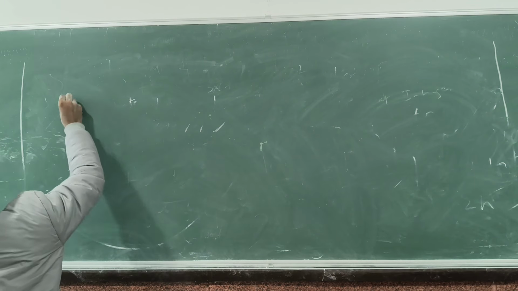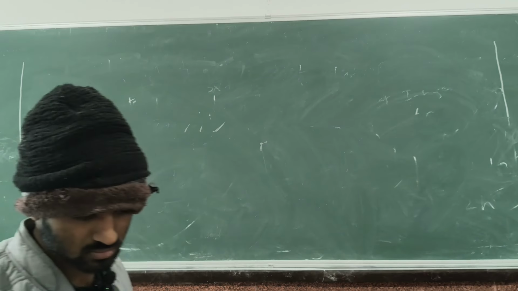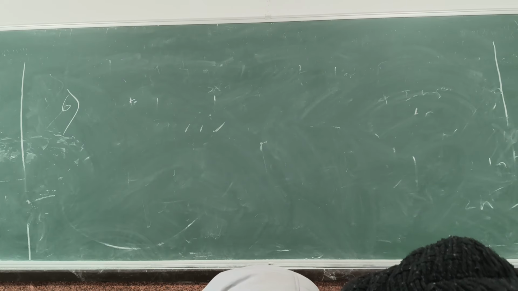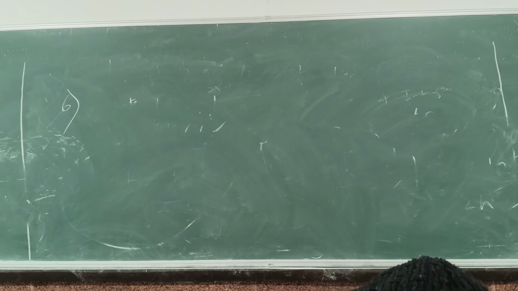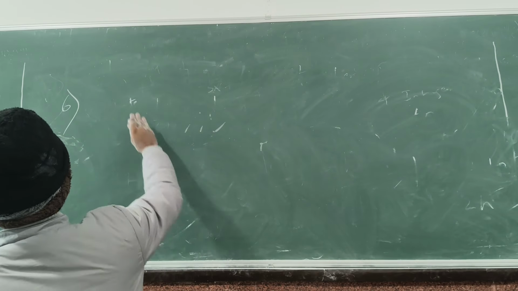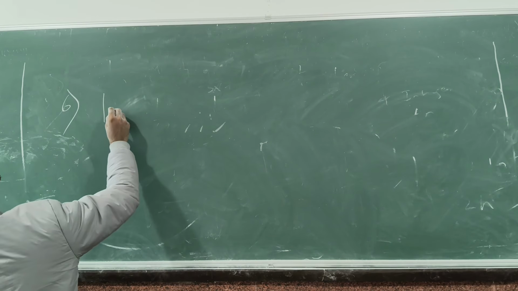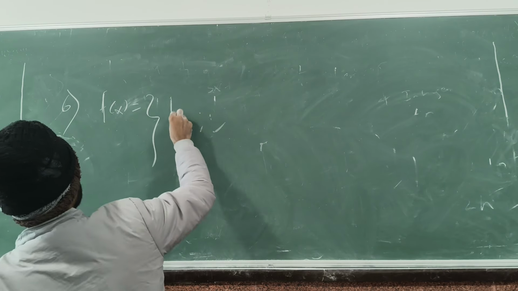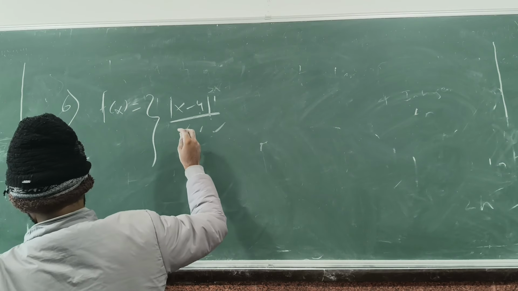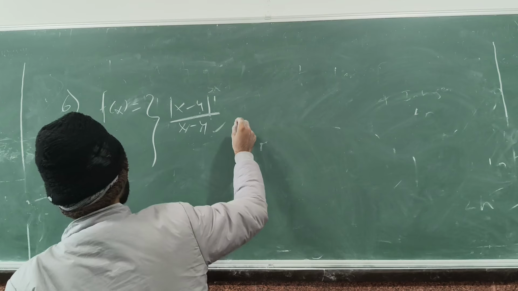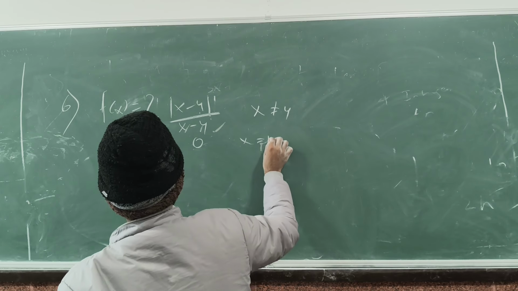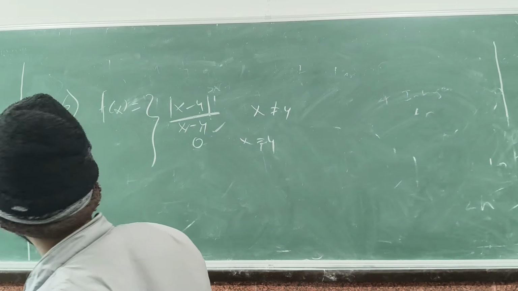Let's go to the sixth question. f of x equals mod of x minus 4 by x minus 4 for x not equal to 4, and 0 for x equals 4.